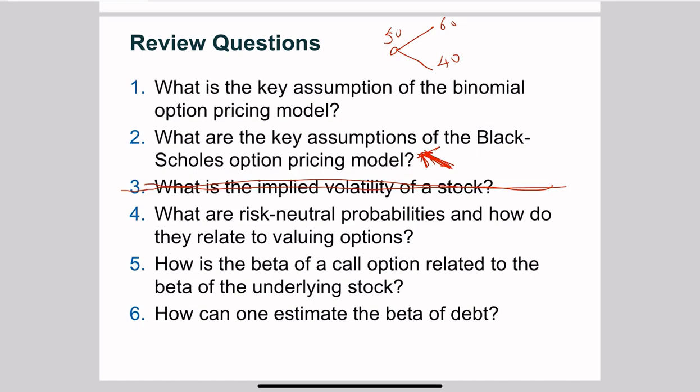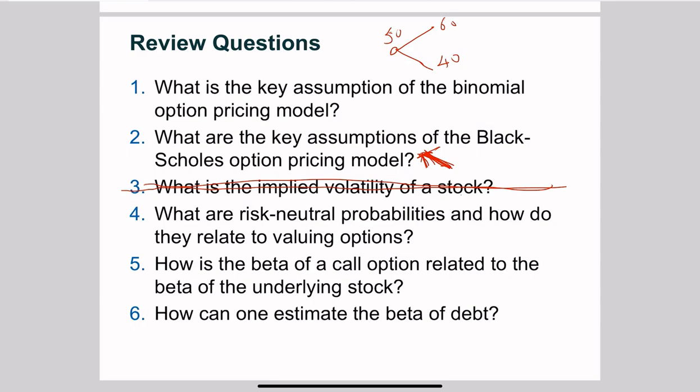So basically, you will first use the price of the stock to find out the risk-neutral probabilities, because if you discount the stock's expected payoff with the risk-free rate, you will be able to find out its risk-neutral probability. And then you will use these risk-neutral probabilities to calculate the expected payoff for this option. And then you will discount this expected payoff with the risk-free rate. So this will give you the correct price of your call option.